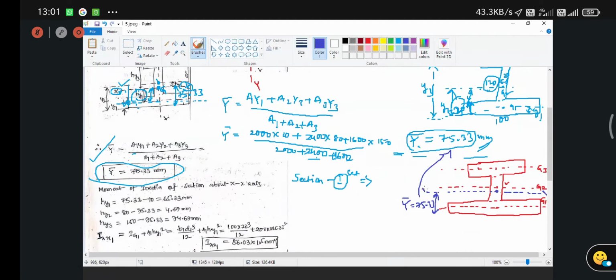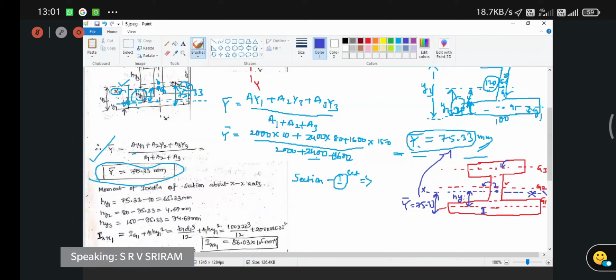So this is your x axis. This is your total central axis for the I section. Individually, this is the first section central axis, this is the second section central axis, and this is the third section central axis. For each, I have to find the perpendicular distances.